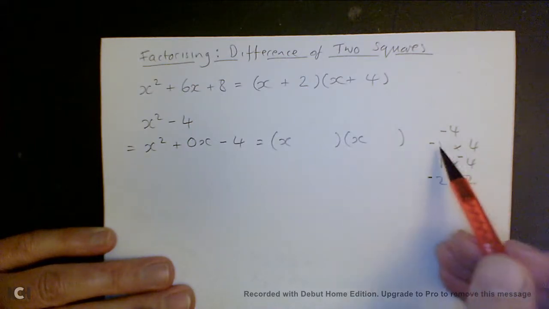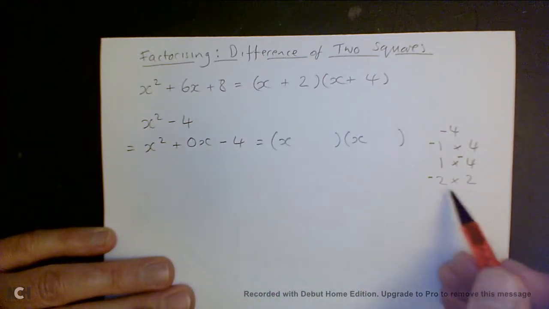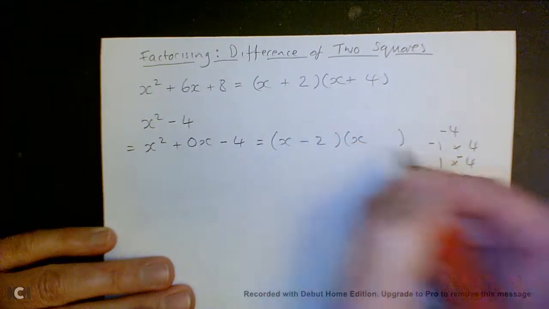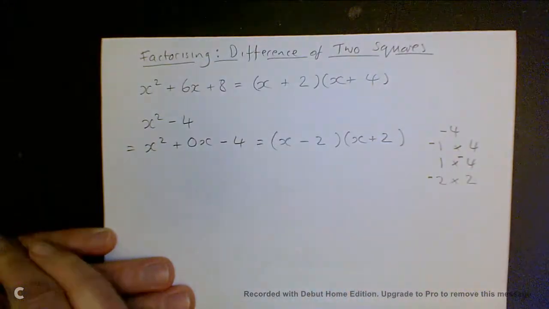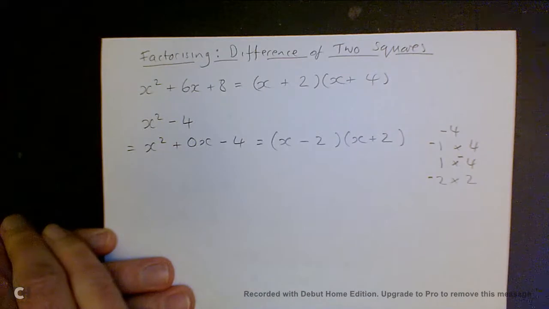Now I need to pick one of these pairs which add to give me 0. The only pair that will do that is negative 2 and 2. These add to give 0. So this factorizes to that.